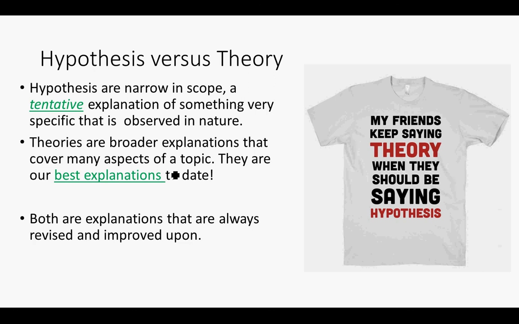So for instance, the cell theory is the idea that all organisms, all living things have cells. We know that to be true. So theories aren't guesses. They're what we know to be true at this moment. So they're the best explanations to date.